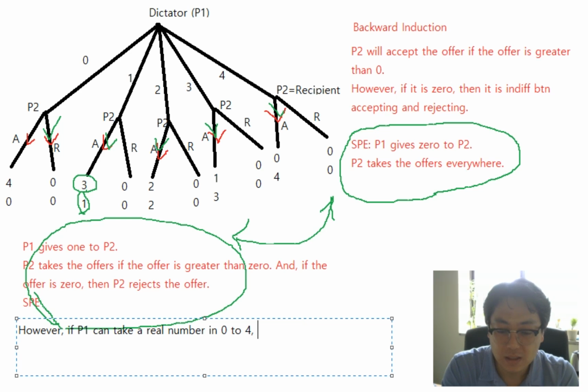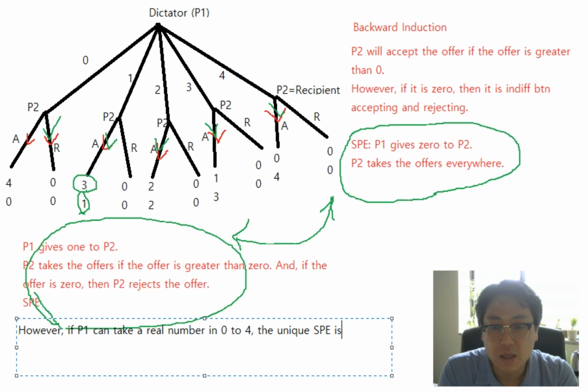In that case, the unique SPE is that player 1 gives 0 and player 2 takes all offers everywhere.